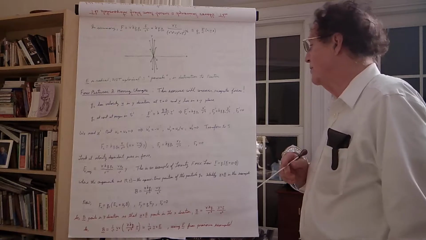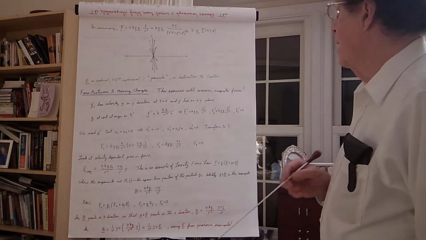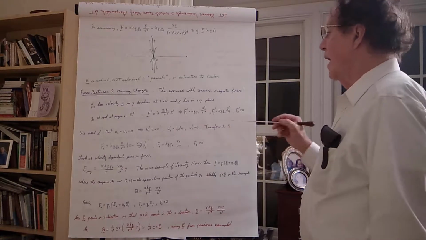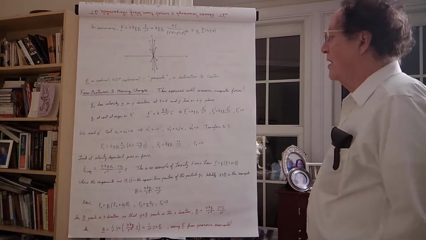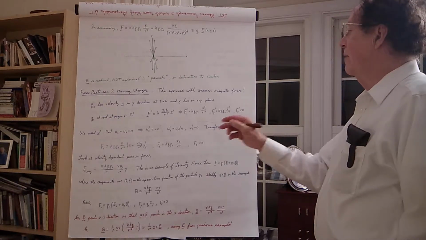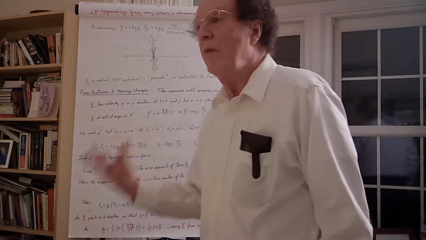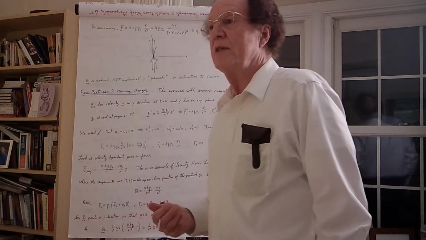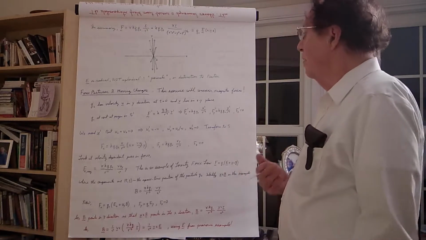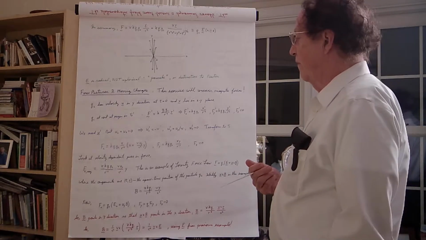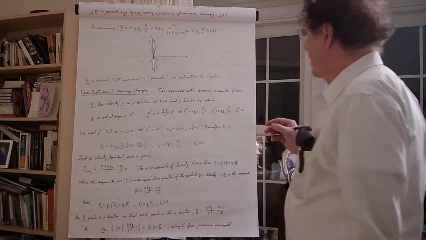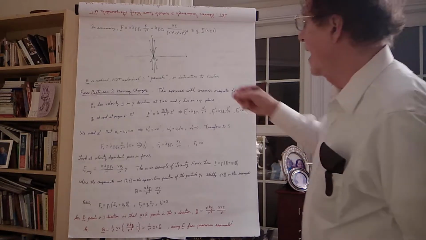There's nothing going on in the z direction. Okay, so now I know the velocities in the S prime frame. I know the forces in the S prime frame. I can transform the forces into the frame S because I know the transformation law for forces. So I transform to the frame S.